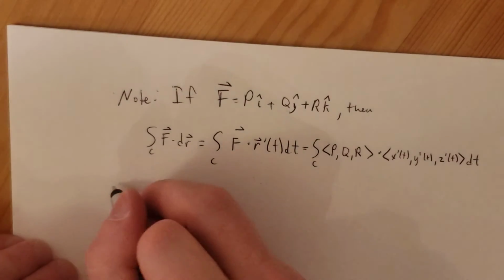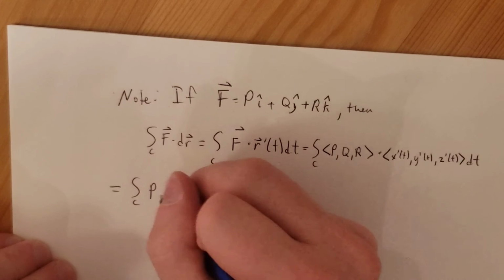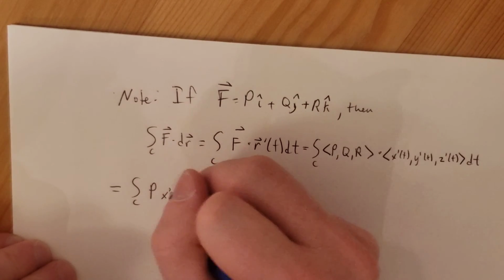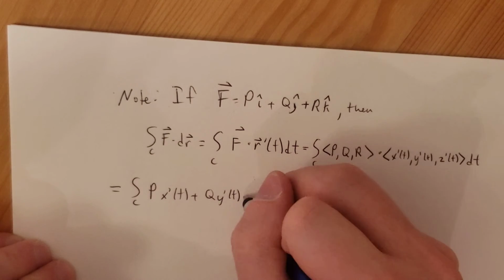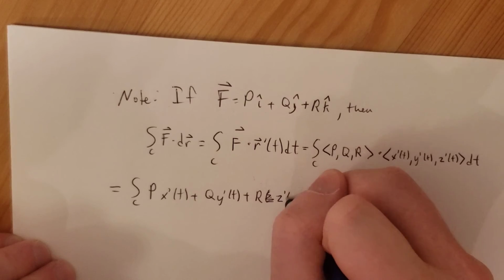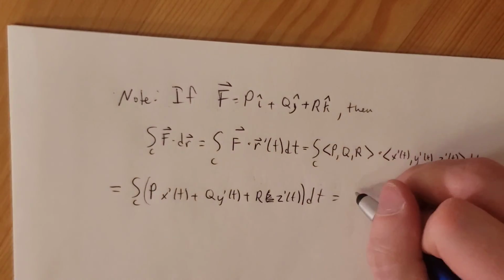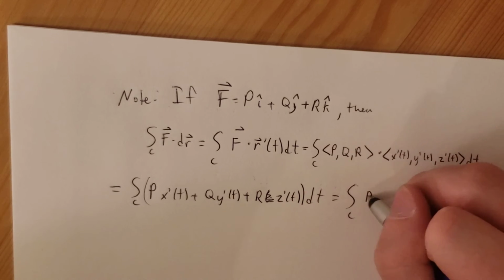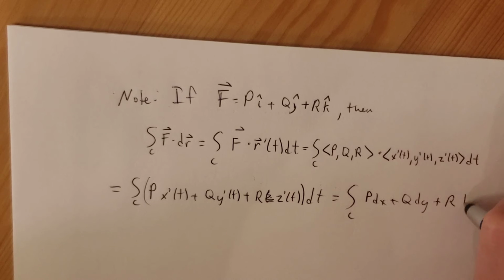But what is that? Well, that is the integral over the curve C of exactly P x prime plus Q y prime plus R z prime dt, which is exactly the integral over the curve C of P dx plus Q dy plus R dz.